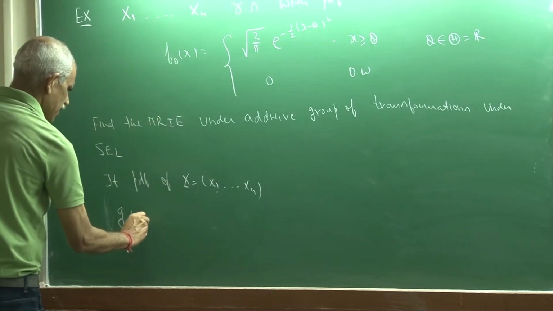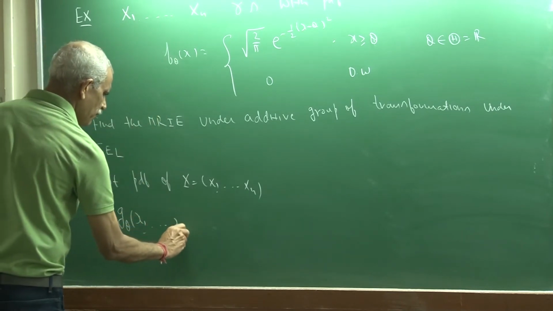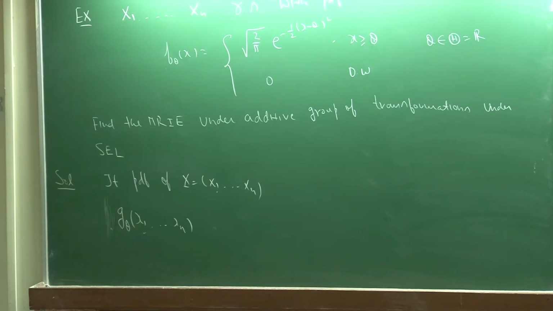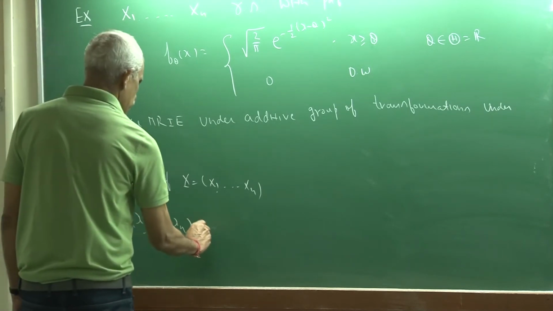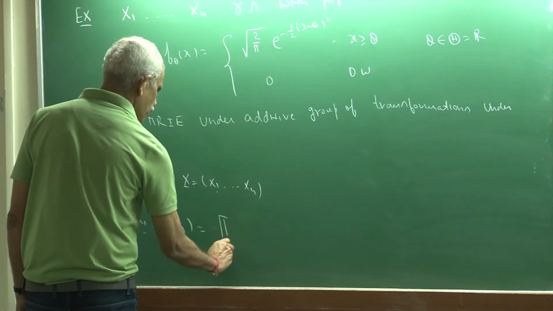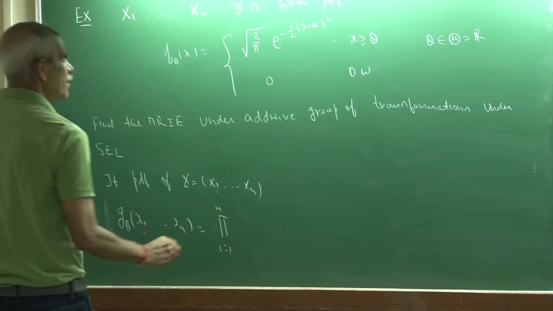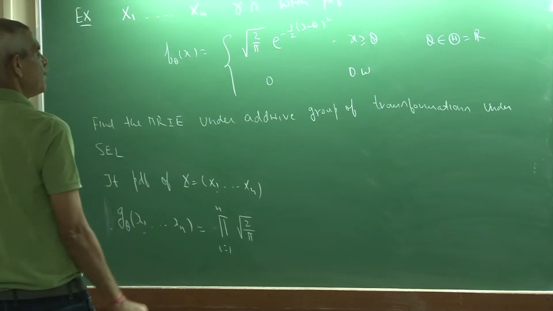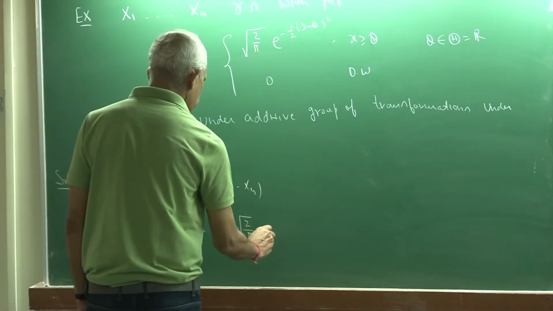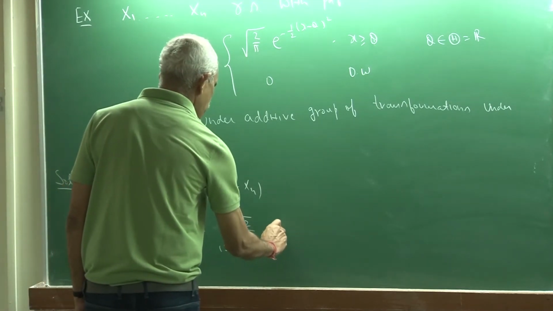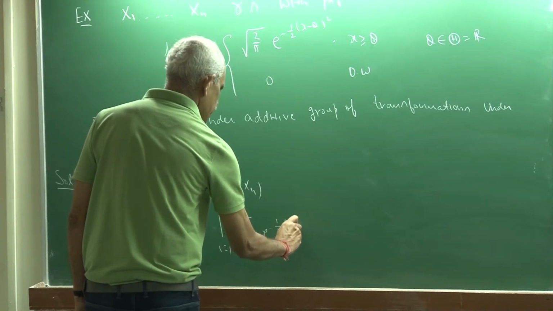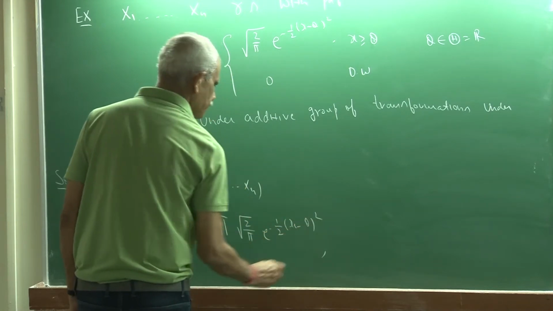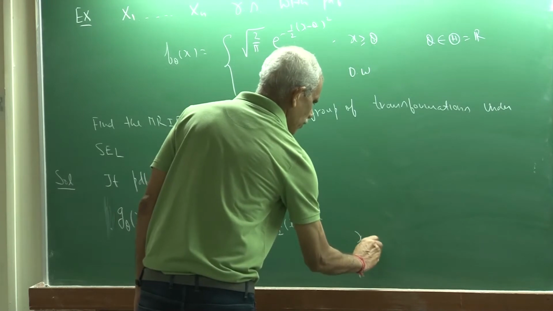So g_theta of x1, x2, ..., xn is nothing but product i equal to 1 to n of root 2 by pi e to power minus half (xi minus theta) whole square, x belongs to Rn.